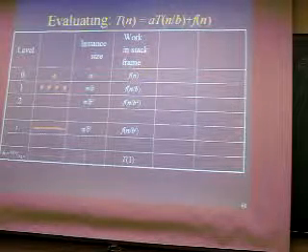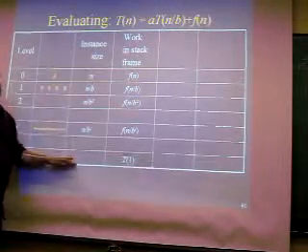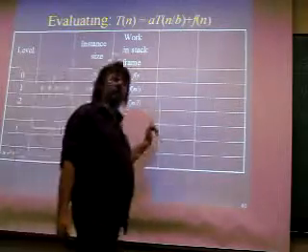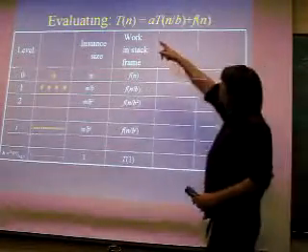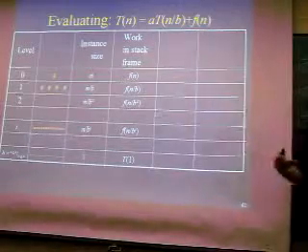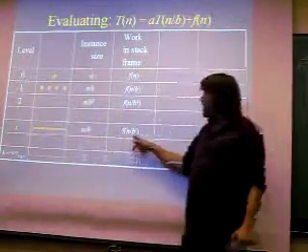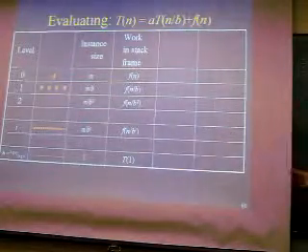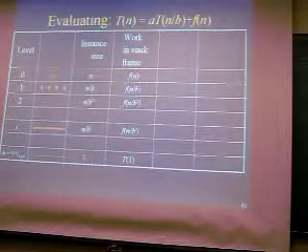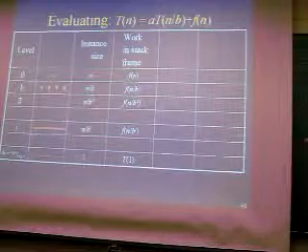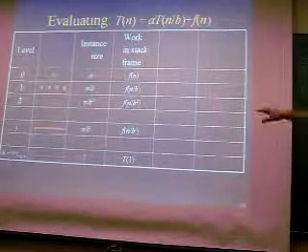All right, if this is the size of their input, how much work does each of them do? Well, I have an input of size n, I do work f of n. So if they have an input of size n over b to the i, they do f of that work. Everybody kind of got how much work they personally do? All right, now what are we going to put here?